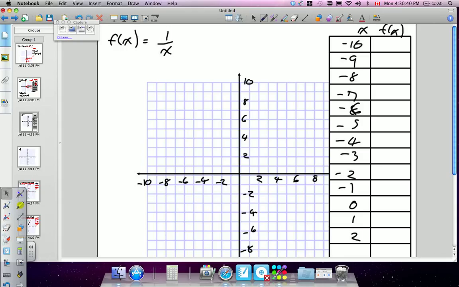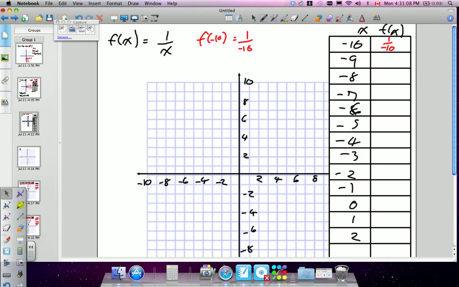In my very first example, I'm going to plug -10 in for x. So in our first example, we have f of x is equal to, oh sorry, not f of x, but f of -10, because I'm replacing x with -10. f of -10 is equal to 1 over -10. Now what's going to happen when I plug in -9?